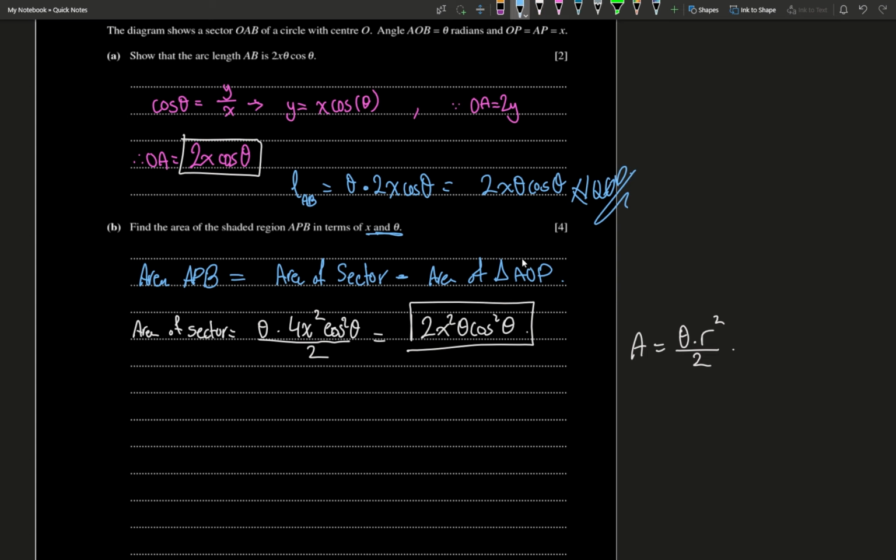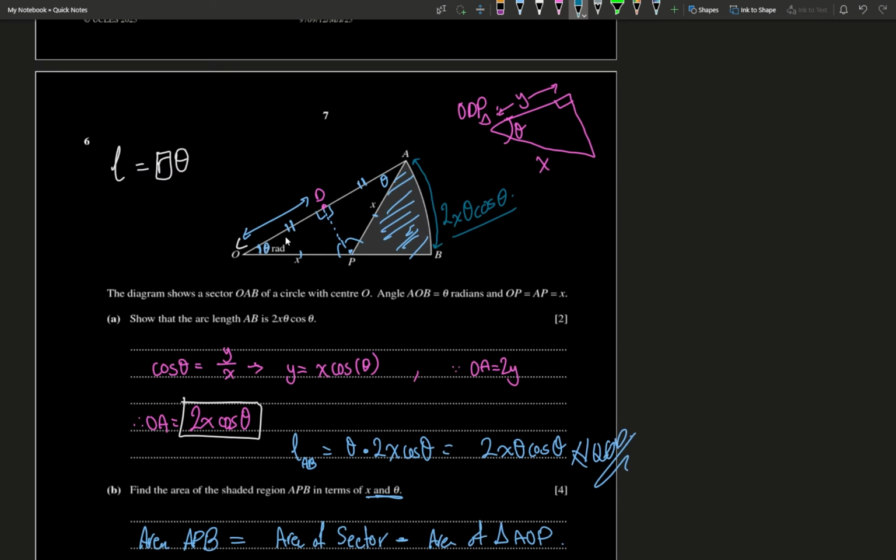Next, let's find the area of the triangle AOP. The area of triangle AOP is given by the formula. You can find the area of this right angle triangle and multiply it by 2, or you can find the area of this whole triangle just by using the sine rule. It states that the area of a triangle is given by half times two sides of the triangle multiplied by the sine of the angle between these two sides.